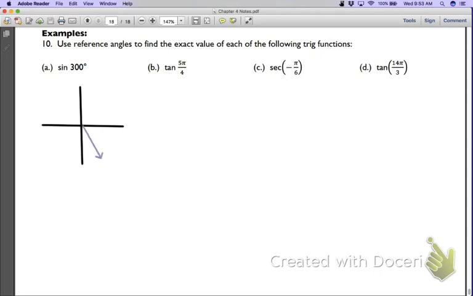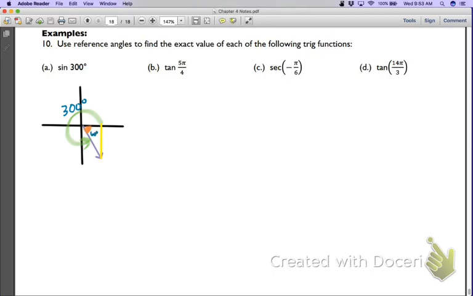Okay, so it's somewhere down here. So if I have a 300 degree angle there, and I need to figure out, well, what's my reference angle? What's my angle here? 60, right?